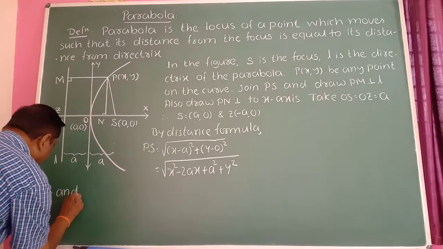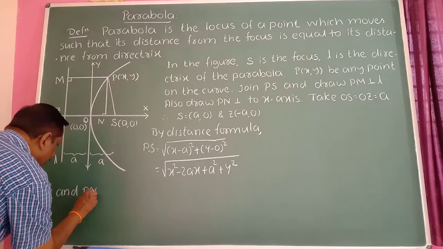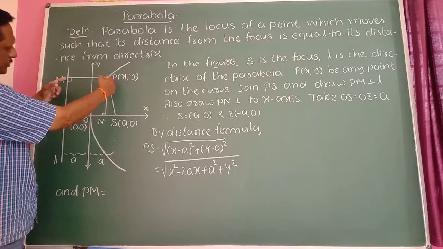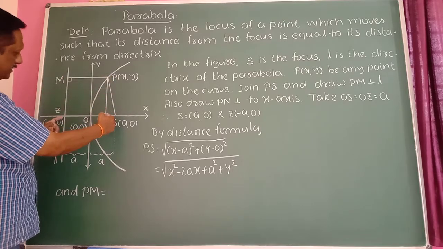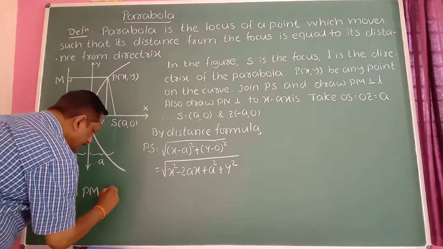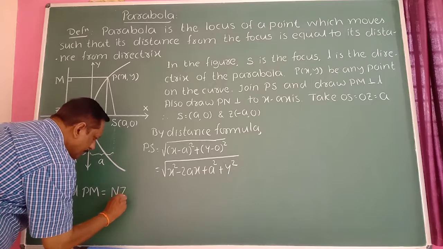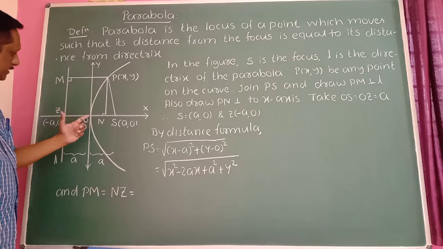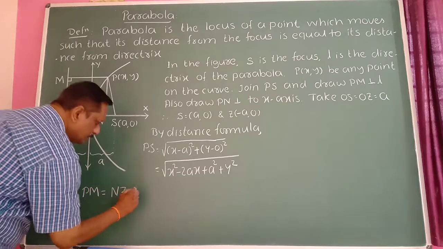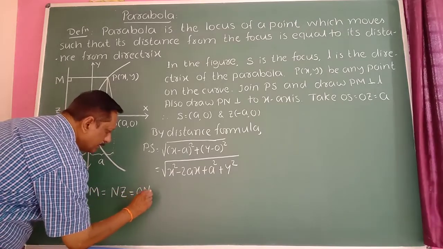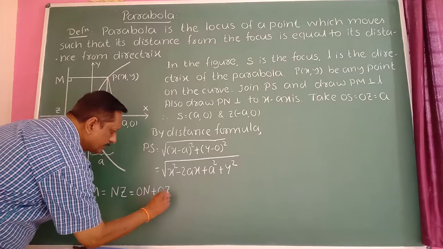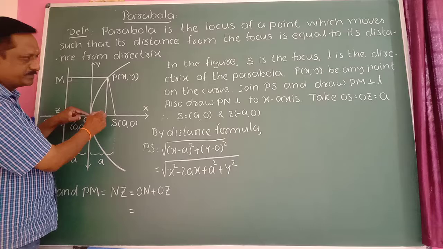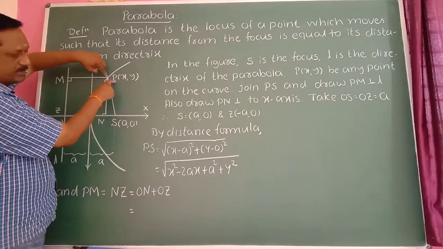From the diagram, let us observe, PM is equal to NZ, and NZ can be written as ON plus OZ. Here ON is equal to x, because the coordinate of P is (x, y).